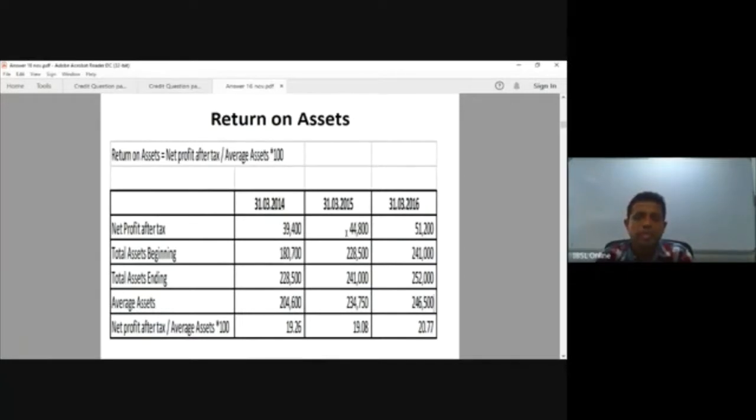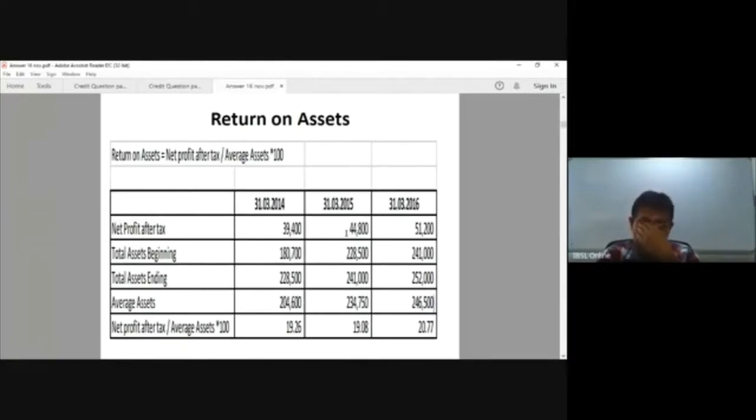Now, I mentioned when I was discussing for banks, this ratio will be at a very low level, that is 1% or 2%. If a bank has a 2% return on asset profit after tax, that is a very good bank.